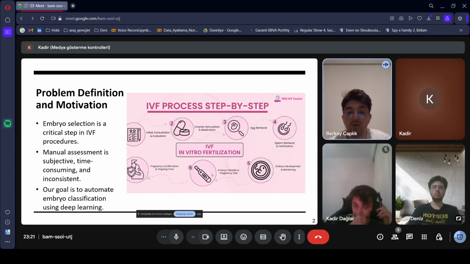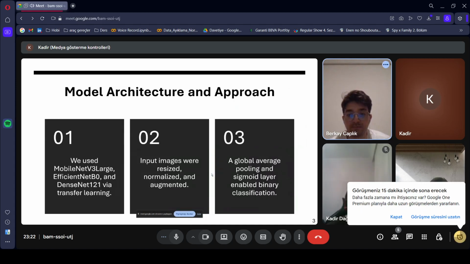However, this approach is time-consuming, subjective, and can vary between clinics. Our motivation is to develop an automated, accurate, and consistent deep learning-based system to assist in embryo selection. A reliable AI system could not only reduce workload, but also improve success rate by offering objective recommendations.